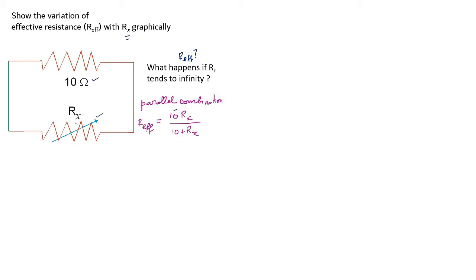So the graph, we will draw the x-axis and y-axis. Along the x-axis we have to take Rx, along the y-axis we will have to take R effective. You can even call it as Rx axis, and we will show the graduations.